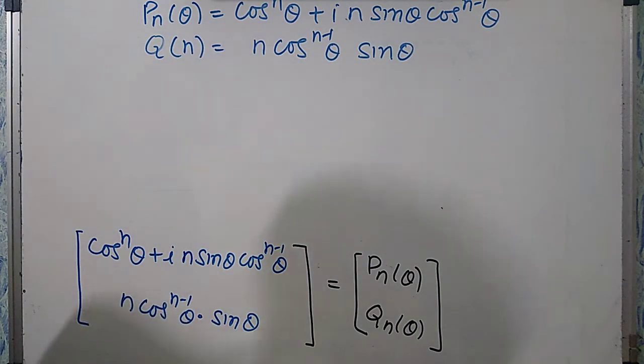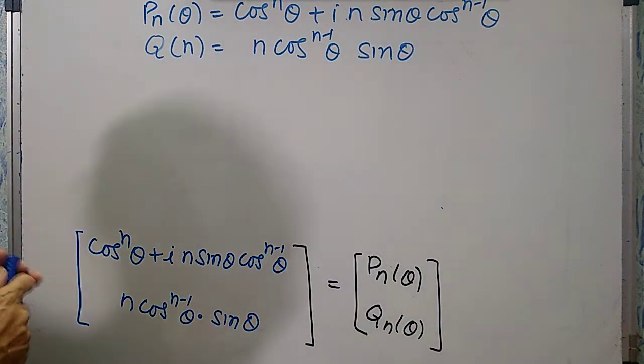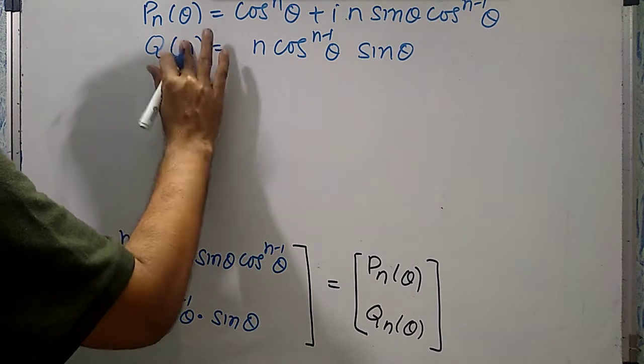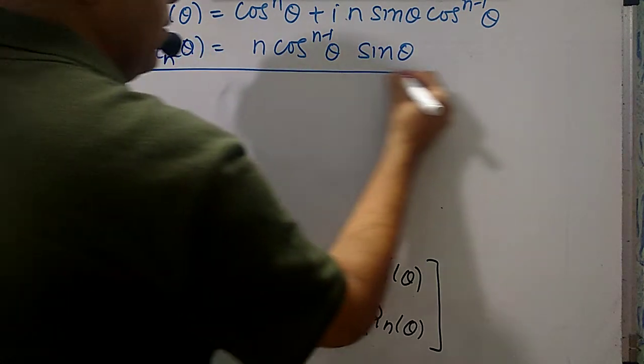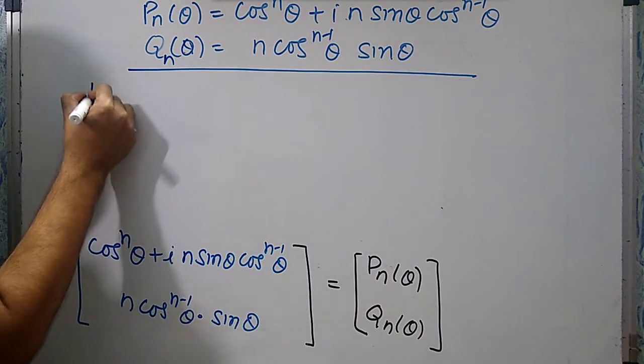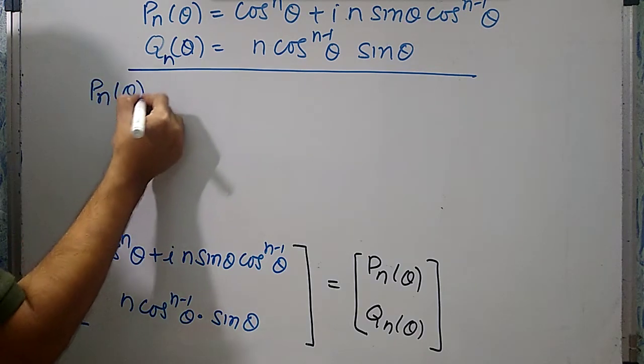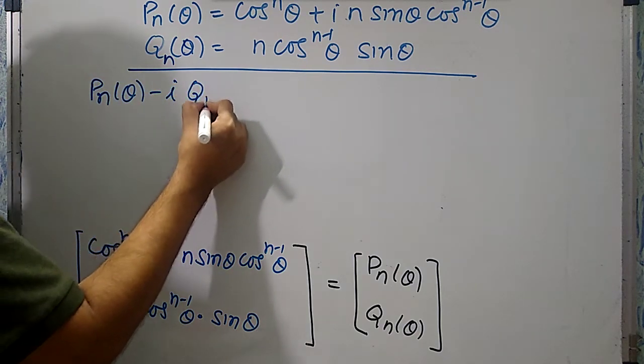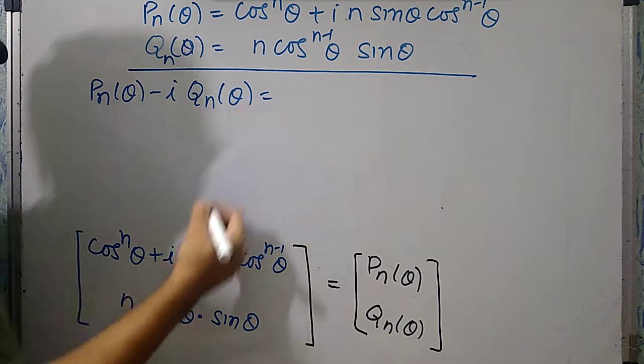Now we have to find out Pn theta minus I times Qn theta.